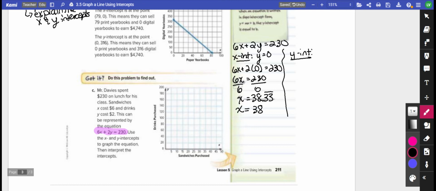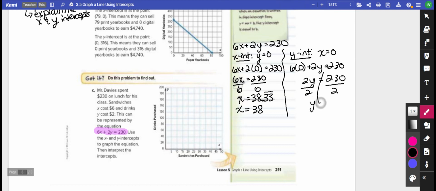And then the y-intercept means that I'm going to have x equals 0. So 6 times 0 plus 2y equals 230. So that becomes 2y equals 230. I'm going to divide both sides by 2. I get y equals 115. So that ordered pair is (0, 115).